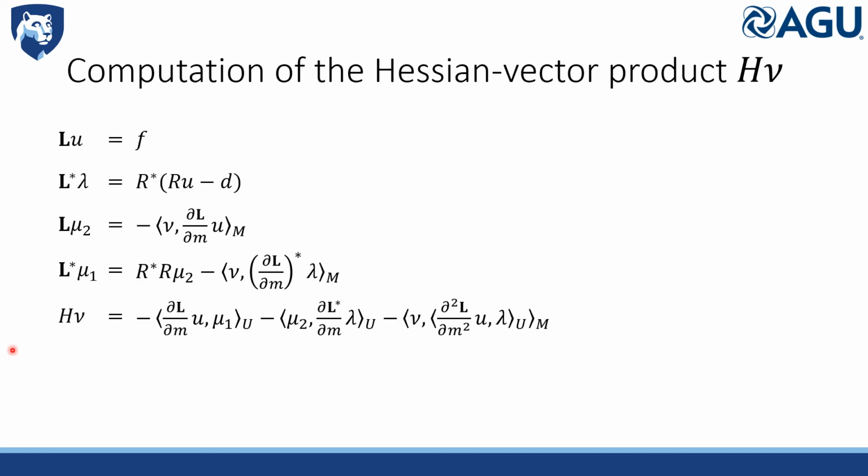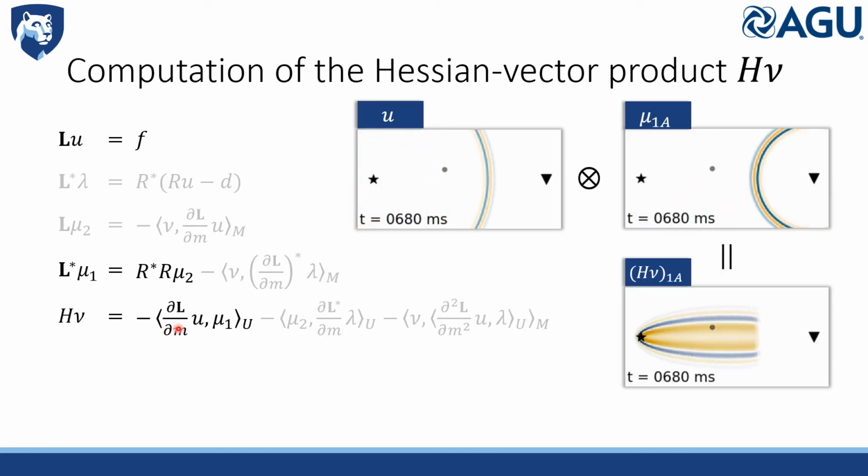Next, the Hessian vector product H nu is made up of 3 wavefield interactions. We call them H nu1, H nu2, and H nu3 respectively. The first one is the interaction between U and mu1. We first consider part A of mu1. So U propagates from the source, and mu1A shrinks to the receiver.